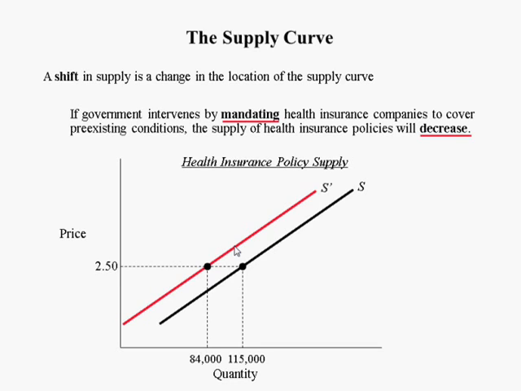But then government comes in and says, well, everybody has to have an insurance policy. Well, that obviously is going to drive up demand, right? Forcing people to buy something means there's going to be more demand for that product. So demand is going to be out here somewhere, okay? So not only does the price of health insurance go up because pre-existing conditions now have to be covered by insurance policies, the price goes up again because demand is going to shift out.